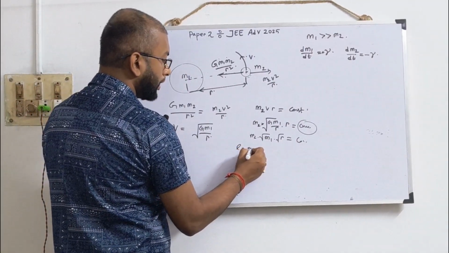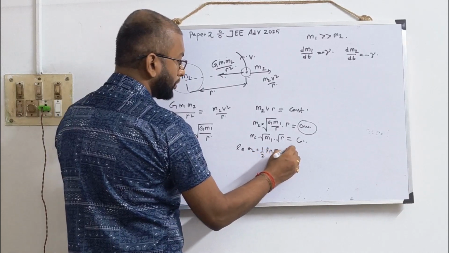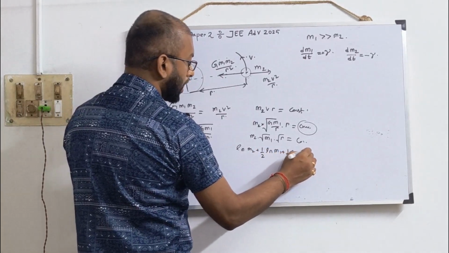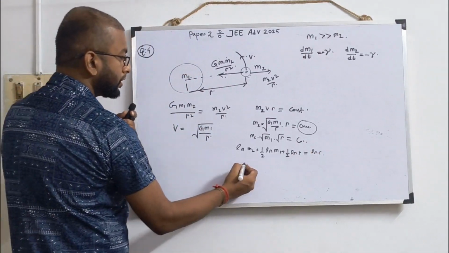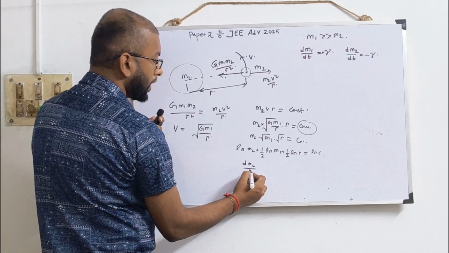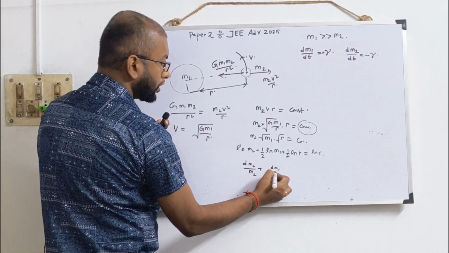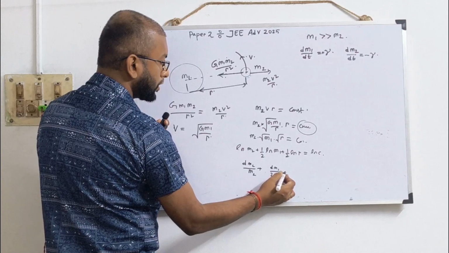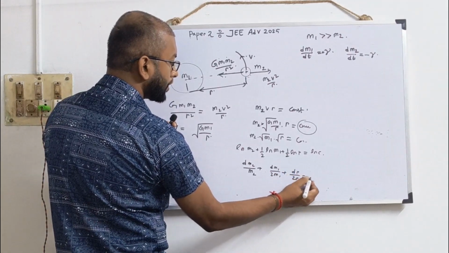So ln m2 plus half ln m1 plus half ln R is ln constant. So if I differentiate, I'll get dm2 by m2 plus dm1 by 2m1 plus dr by 2r is equal to 0.